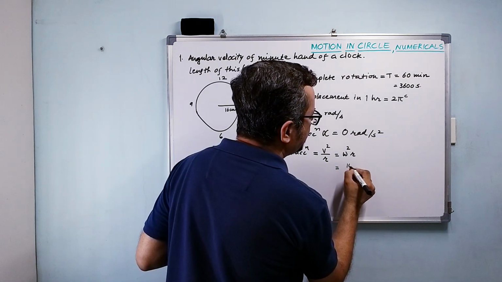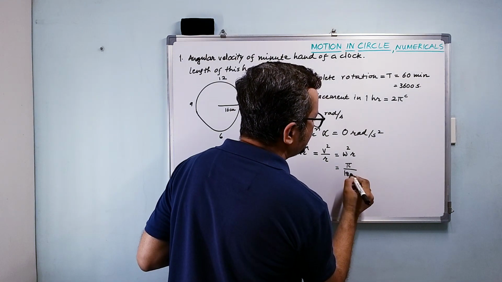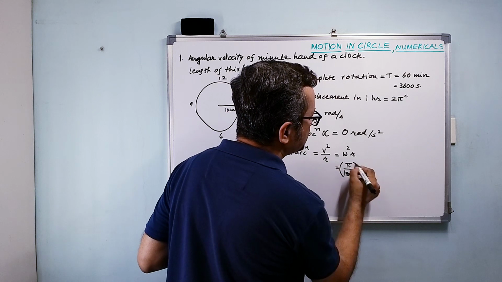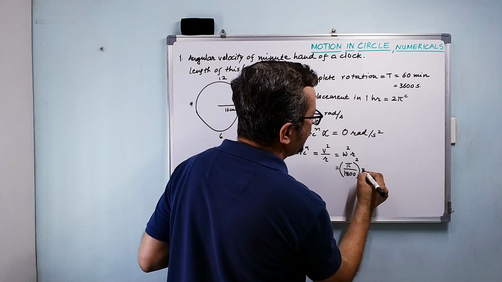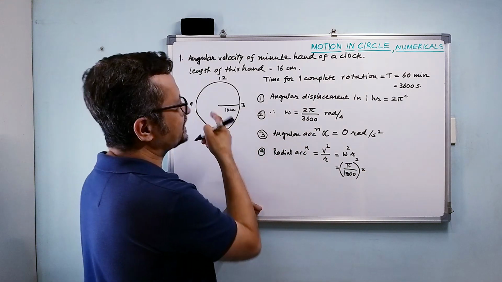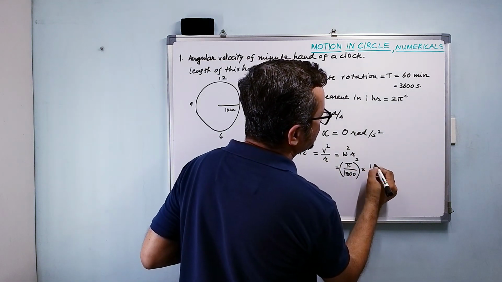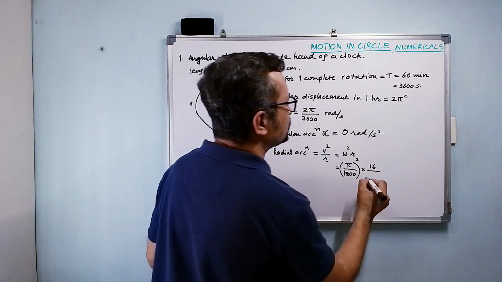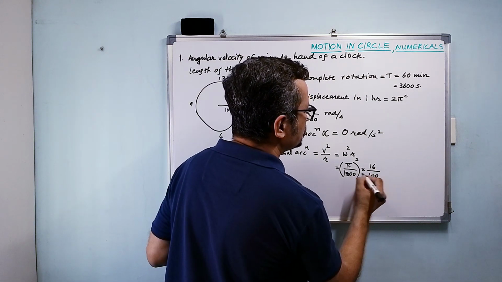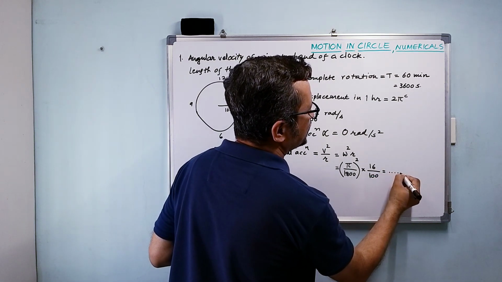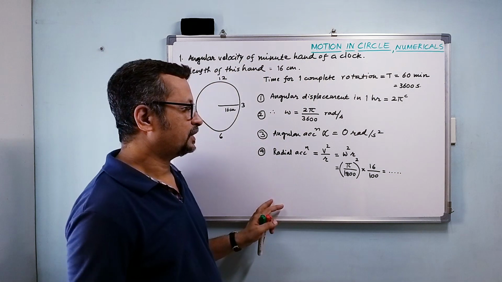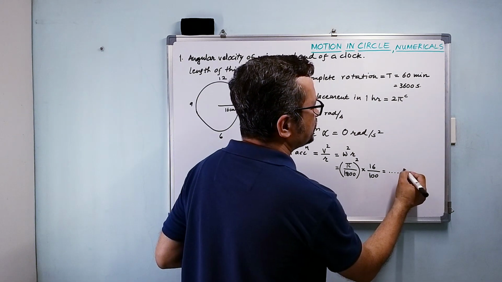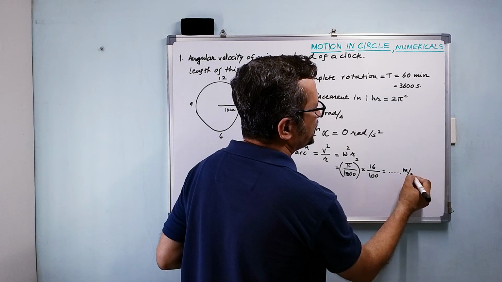So it would be pi upon 1800 squared, and then that multiplied by 16 centimeter. 16 centimeter I have to convert into meter, so upon 100. Whatever is the value that you can calculate with your calculators, its unit is going to be meter per second square.